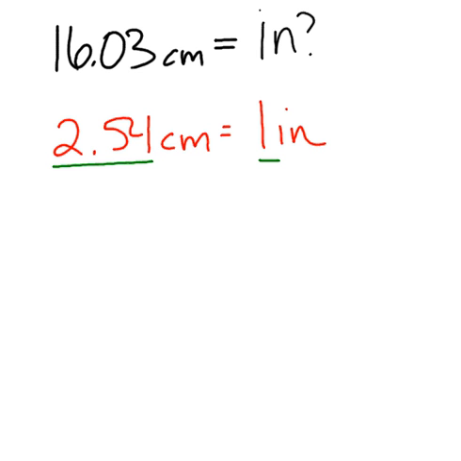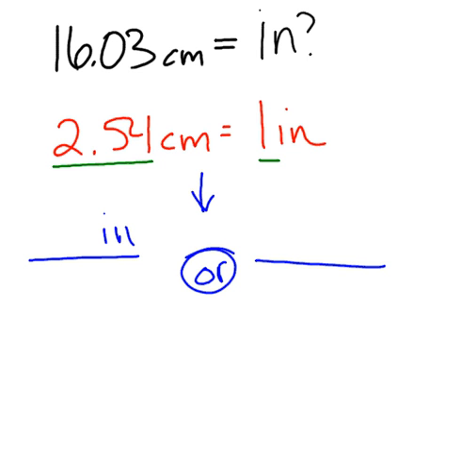Keeping that in mind, I'm going to reorder this equivalency statement. This is equal to that as a conversion factor, and I can do it in one of two ways. I can either have inches on top and centimeters on bottom, or centimeters on top and inches on bottom.